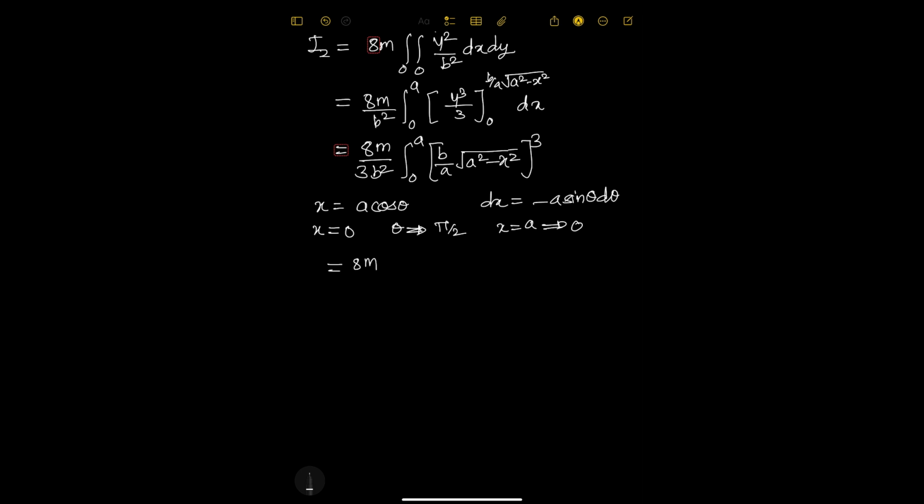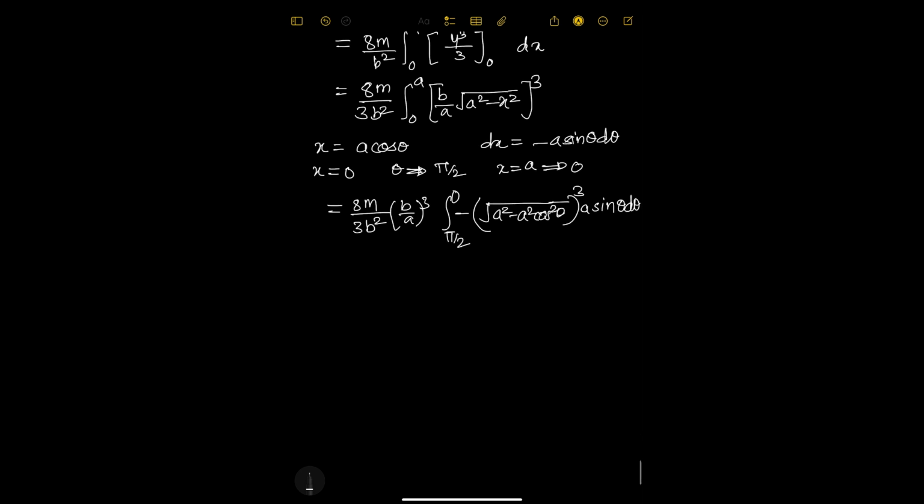We can write it as 8m by 3 b square, b by a cube, integration of pi by 2 to 0, minus root a square minus a square cos square theta cube, a sin theta d theta.